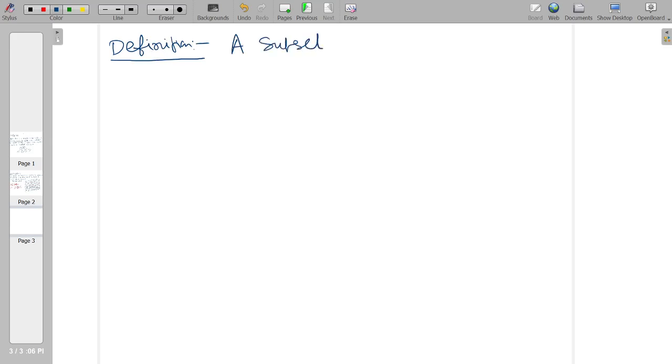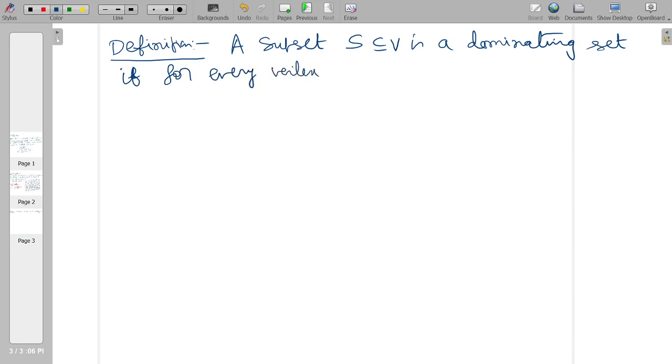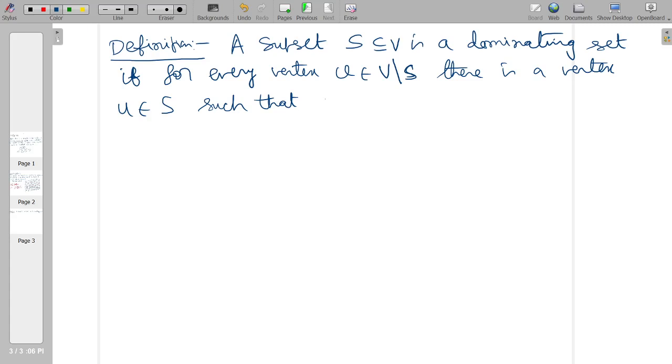A subset S contained in V is a dominating set if for every vertex v in V minus S, that is the complement of S, there is a vertex u in S such that u and v are adjacent.